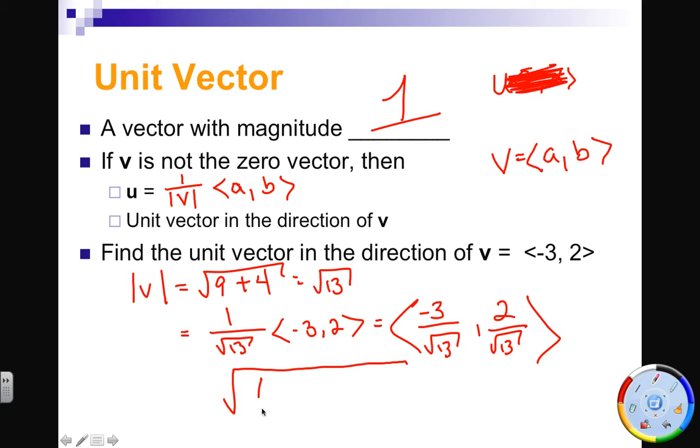I get -3 over root 13 squared, which is actually going to be 9 over 13, plus 2 over radical 13 squared. That's going to be 4 over 13. Well, that's going to be the square root of 9 over 13 plus 4 over 13, which is 13 over 13, which is 1. Oh, that shows me the magnitude is 1.